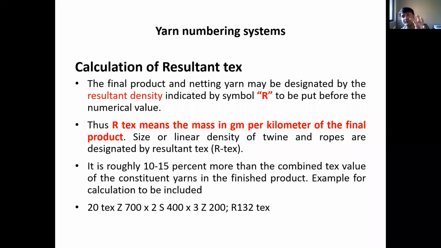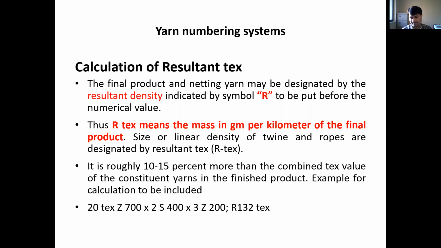So amount of twist to the single yarn or folded yarn or cable yarn or rope, it says how much twist it is given, whether it is a medium twist or a hard twist, soft twist. जितना ज्यादा ट्विस्ट होगा वो उतना हार्ड होगा, और जितना कम ट्विस्ट होगा वो उतना सॉफ्ट होगा हमारा ट्वाइन या हमारा यार्न या हमारा रोप. किसी को ज्यादा ट्विस्ट देंगे तो वो हार्ड हो जाएगा ना.